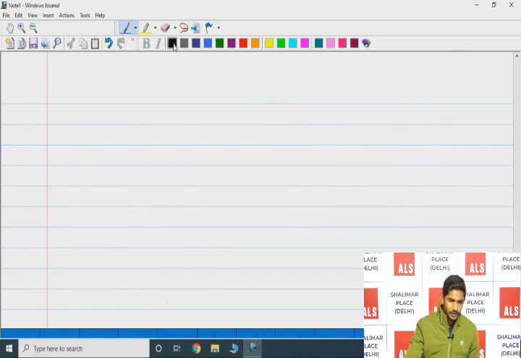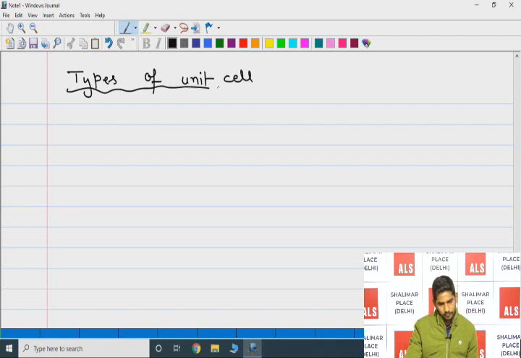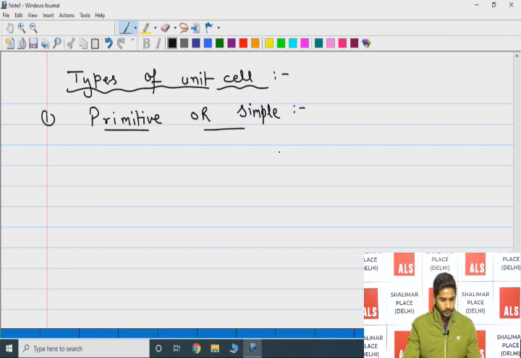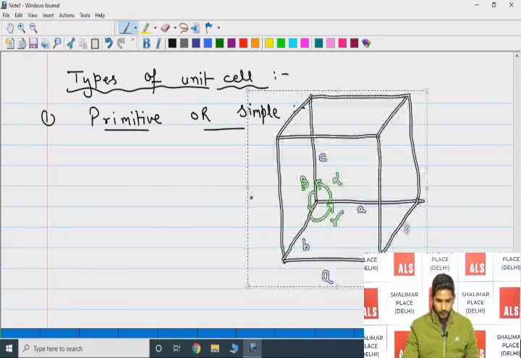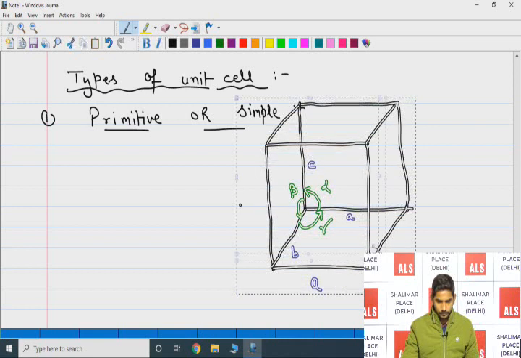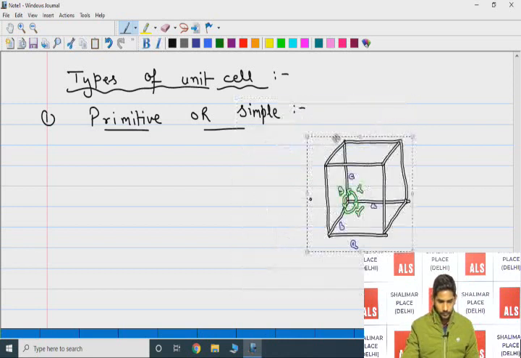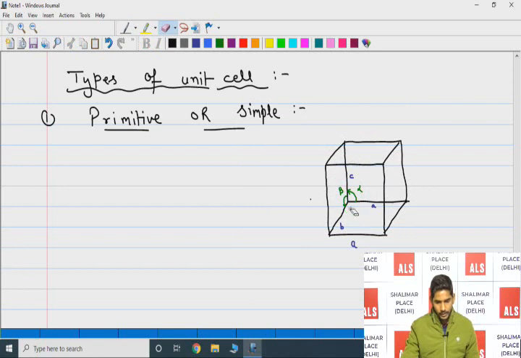Now, just look at your screen. Types of unit cell. First is primitive, also known as simple. Guys, you have to draw these cubes again and again.